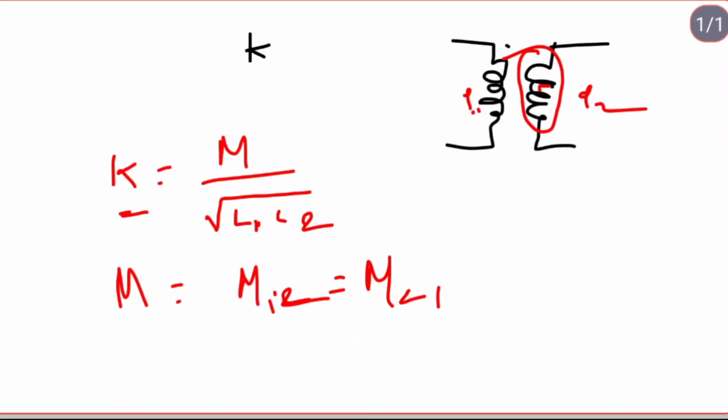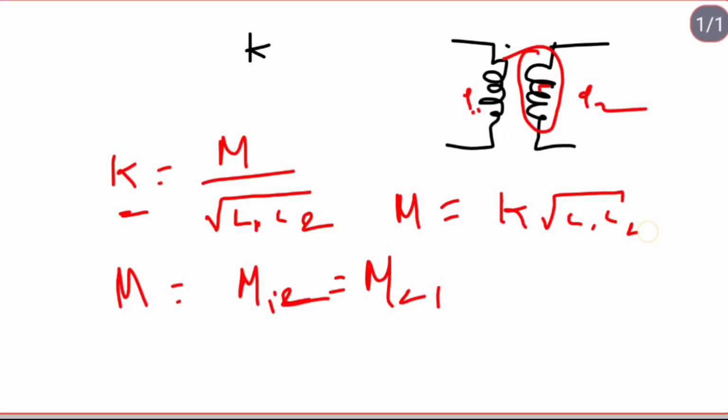K is called the coefficient of coupling, or mutual inductance M is given by K into the square root of L1 L2. A lot of this derivation you already studied previously. When two magnetic circuits are in series aiding, what is the formula?